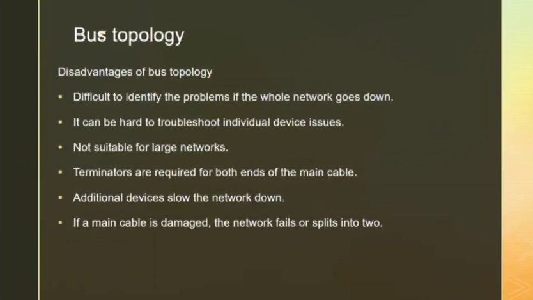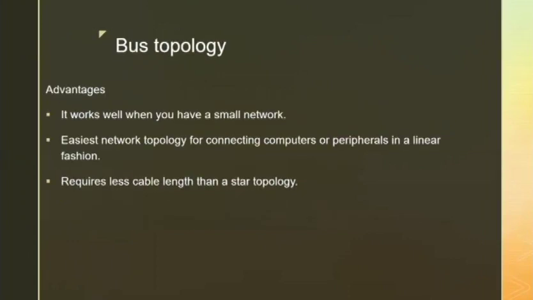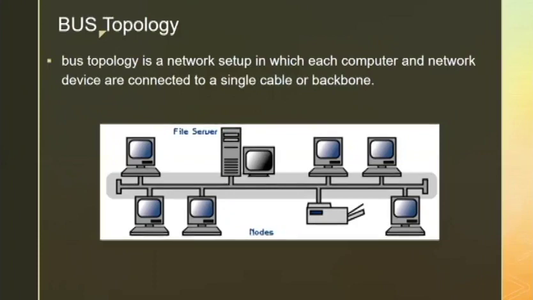Earlier we discussed those things. If the main cable breaks from here, this can be one network, this can be a second network, or the whole network connection can go down.